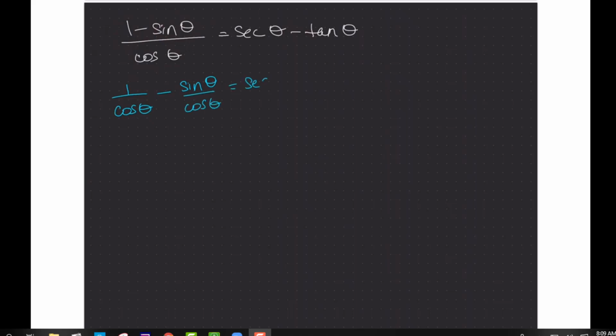And hopefully that equals secant theta minus tan theta. And I think that's what I have now, isn't it? Yep. Secant theta minus tan theta. Not too bad?